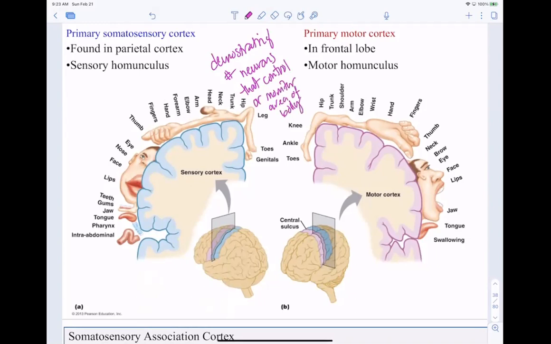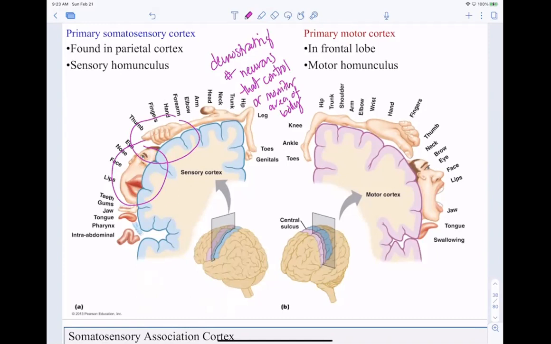So the bigger, right, so face, there are a lot of sensory receptors in the face. Why? Because the face is giant on this depiction, and it's equating the size of that body part to how many neurons are dedicated to that. And hand, obviously we have a lot of sensory receptors in our face and hand.